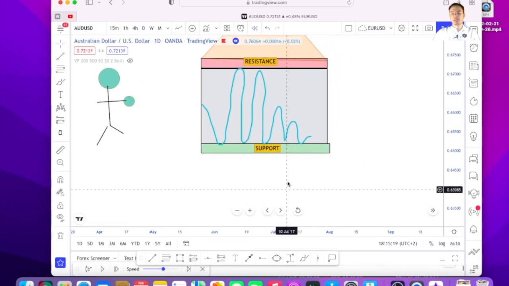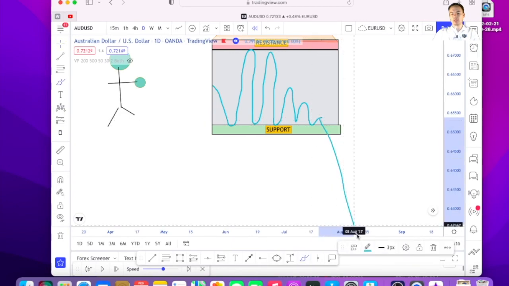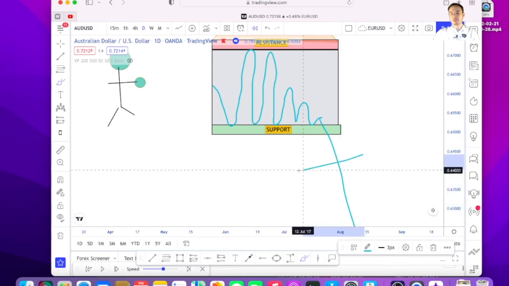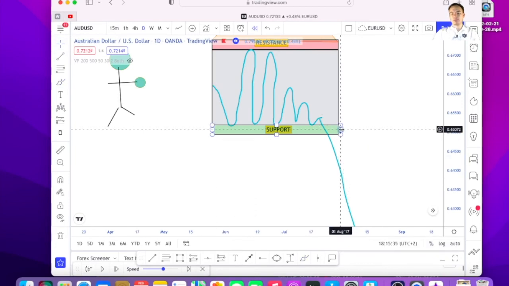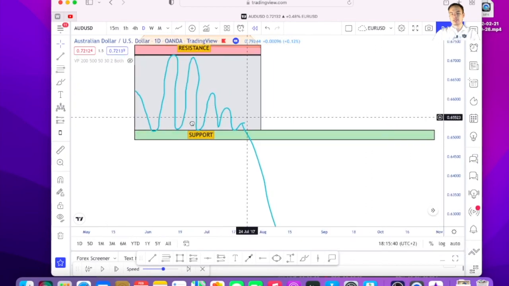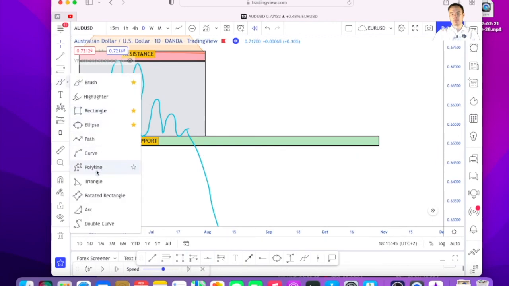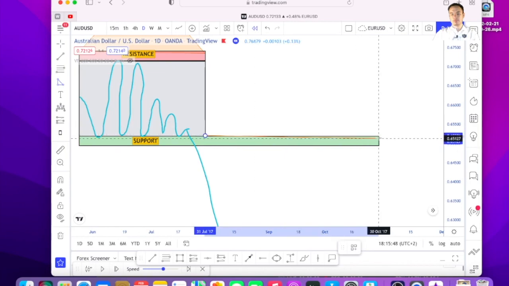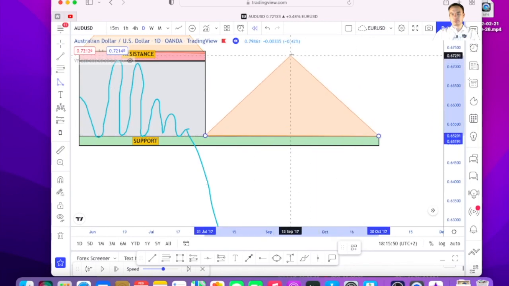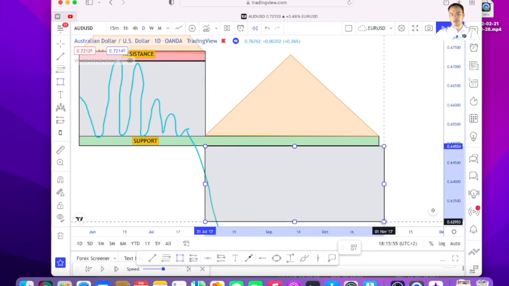As soon as, let's say, the ball comes past your support, your support is now the new ceiling.